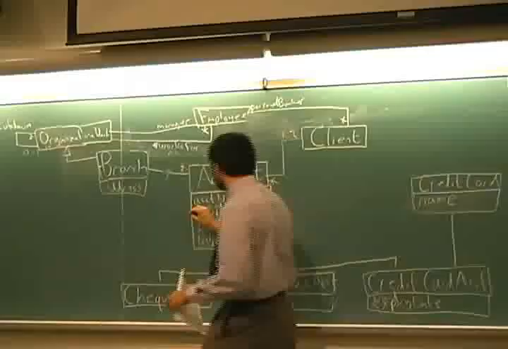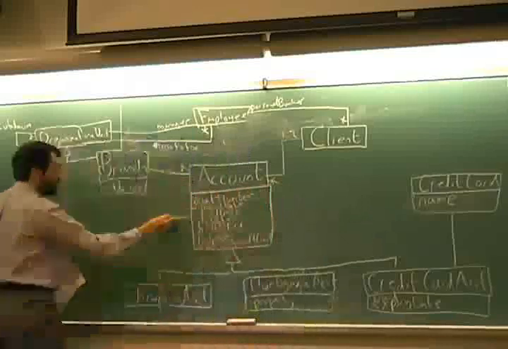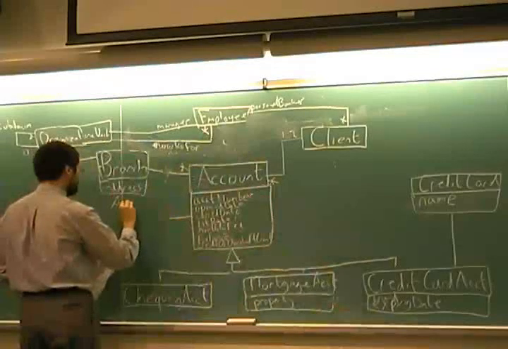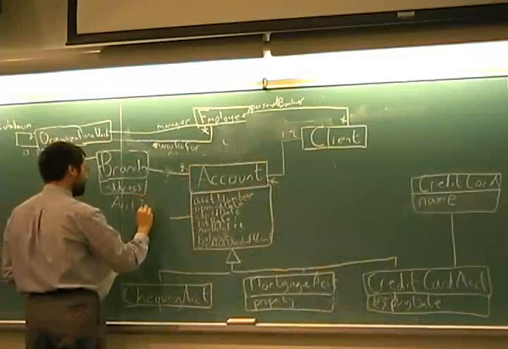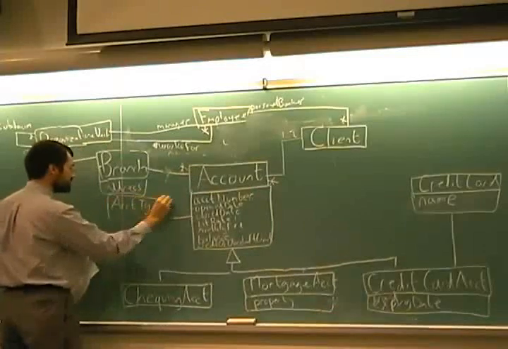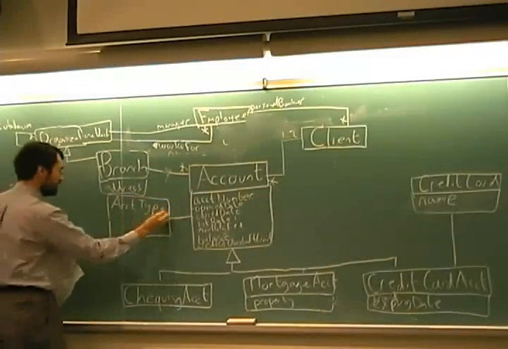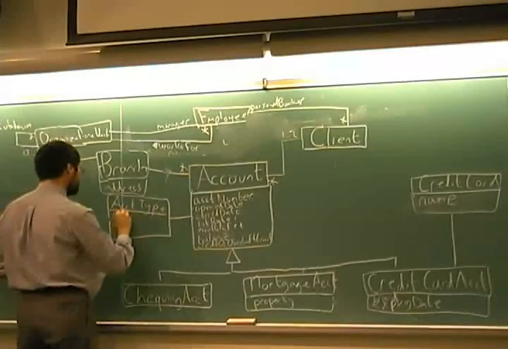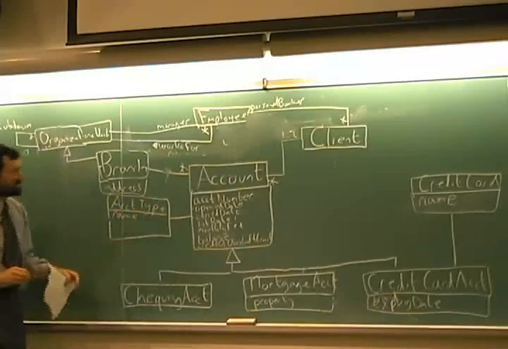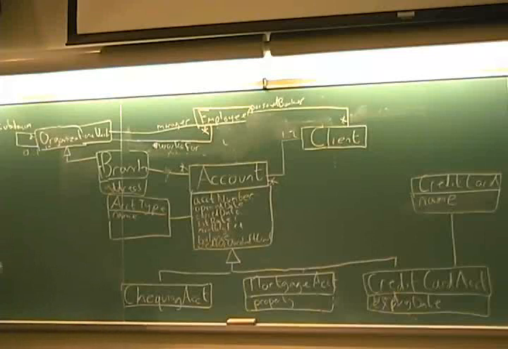So what I'm going to suggest is that we have a thing here called account type, which is going to allow us to put special types of accounts on the market that have particular kinds of names. So, for example, I go to OO Bank and they offer an Ultra Saver account.